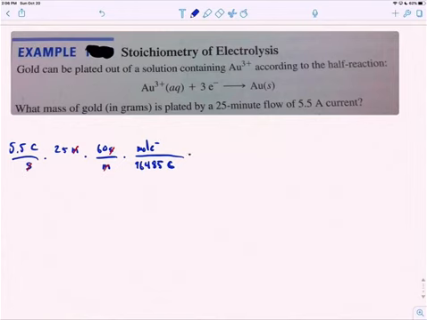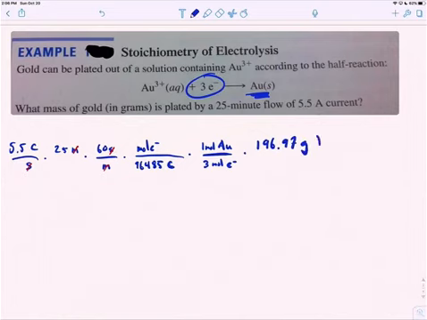And now there is 1 mole gold to every 3 moles electrons, and that is from the 3-to-1 ratio of this balanced chemical equation. And then the next thing is the atomic mass of gold, 196.97 grams gold per mole gold.